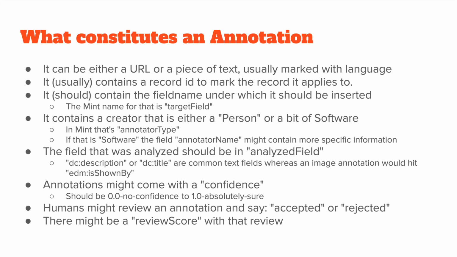And we support as well to give some kind of confidence score to this bit of information. So the human can say, I am 0% confident that this is rejected, or it's 100% sure that this is accepted.